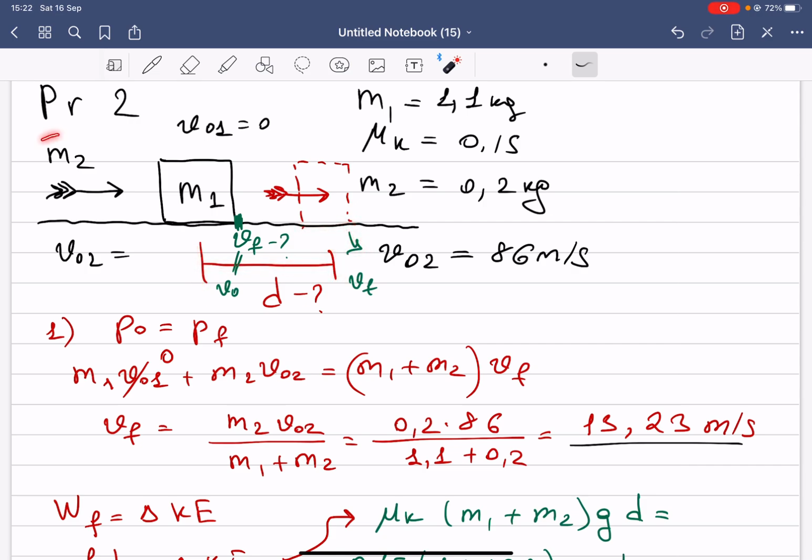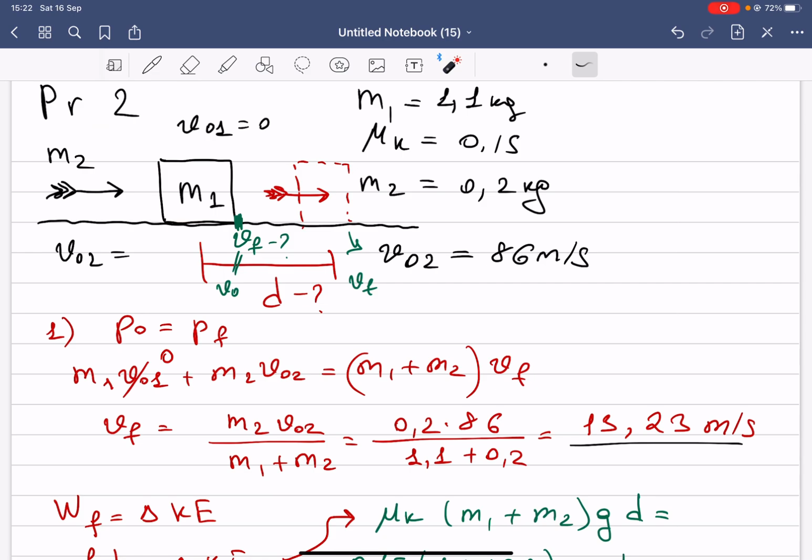One is the arrow striking and sticking, and then just before moving, mass 1 and mass 2 will have a certain velocity, which I call final velocity, but this will be equal to the initial velocity when we consider the second part. So we have two parts: this first part, and this second part.